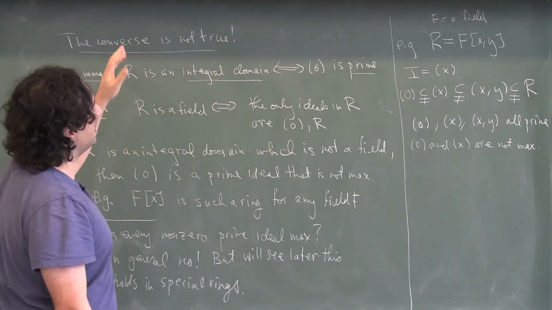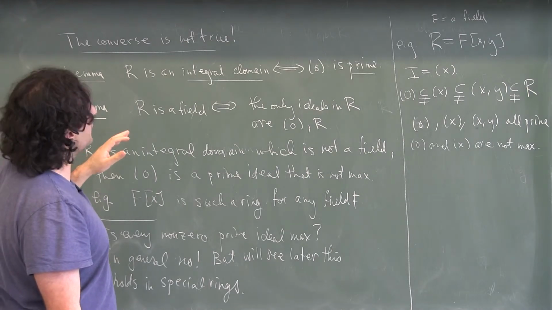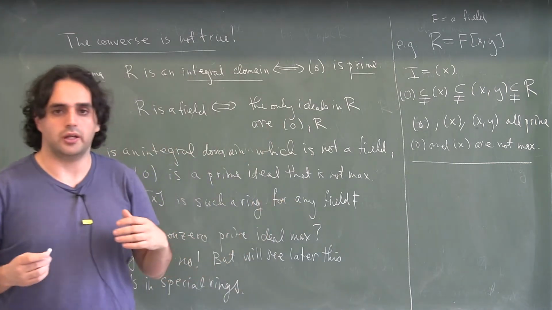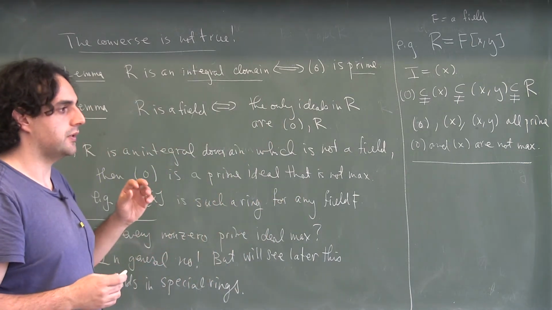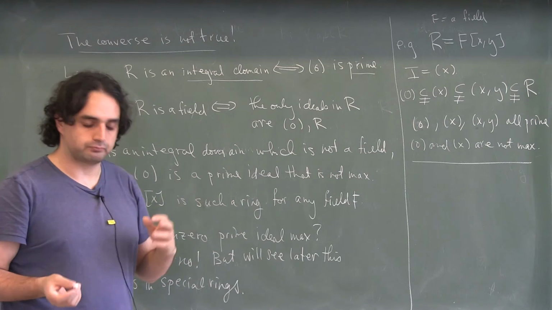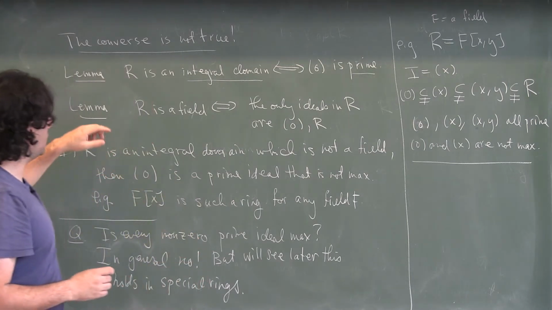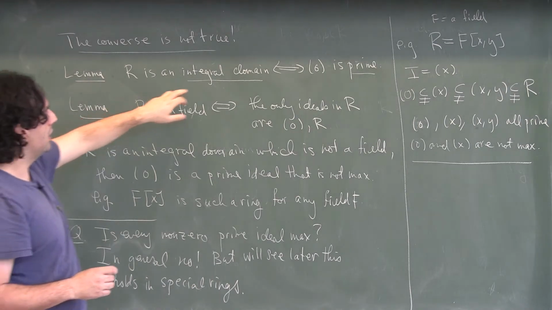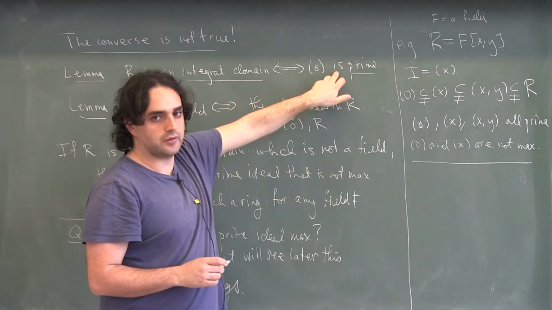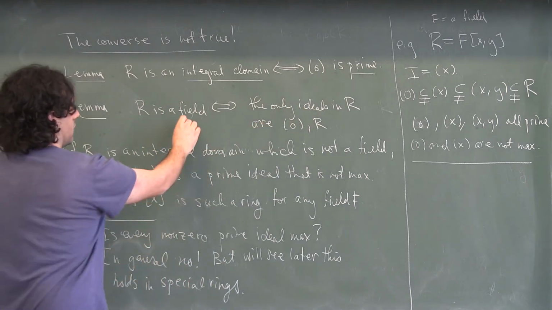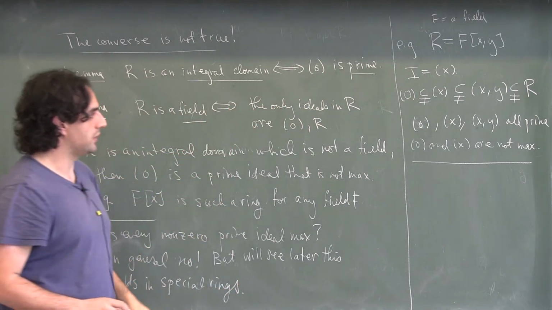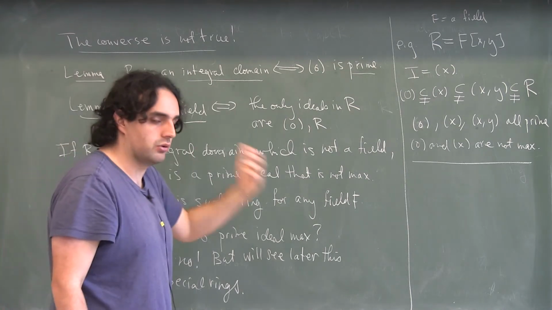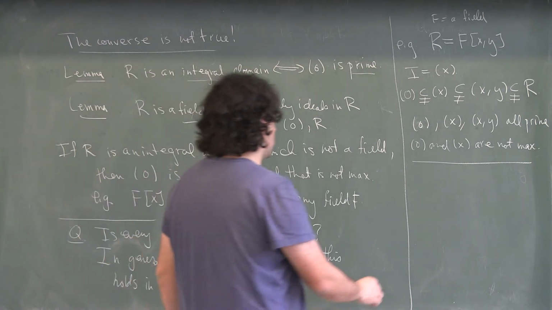So, yeah, that's prime ideals and maximal ideals. Now, let's try to relate a bit more these properties of ideals with properties of rings. We can strengthen a little bit these two lemmas that say integral domain corresponds to the ideal being prime, and field corresponds to the only ideals being 0 and R. We can strengthen this by passing to quotients and using the isomorphism theorems.